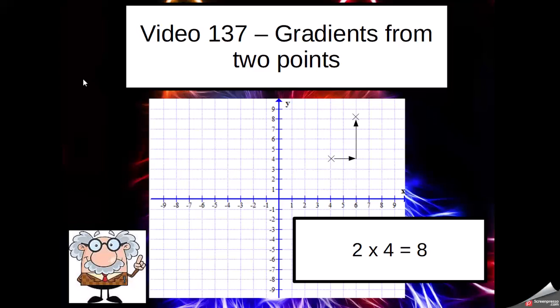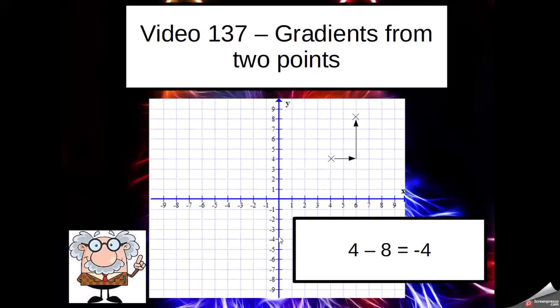Now remember that number is important where it touches the y-axis, because in our equation of y equals mx plus c, c is the point at which the line touches the y-axis. So when we do 4, because 4 is the y point at which we're at the start, take away the 8 that we worked out by multiplying this 4 by the gradient of 2, it gives us -4.